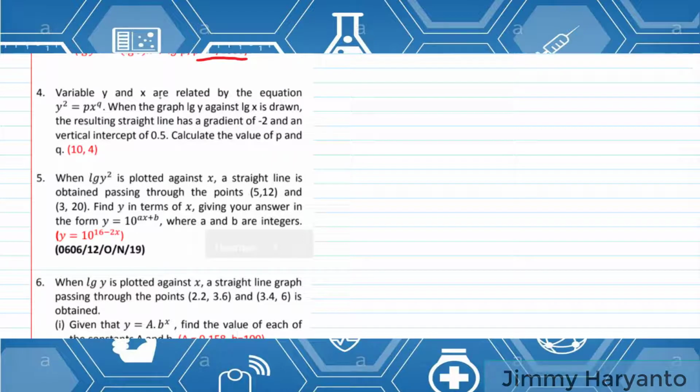And then number 4 we have y squared equals px to the power of q. As usual, you have to make this into y equals mx plus c. So I put LG on the left side, LG on the right side. The left side is y squared, the right side is px to the power of q.